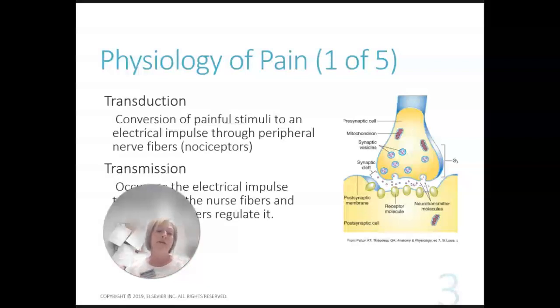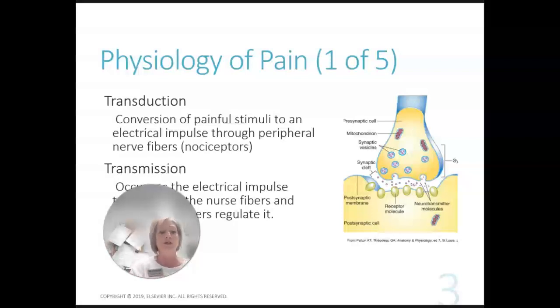Remember talking about the inflammatory response back in the last chapter? All of these neurotransmitters cause that inflammatory response. We're going to talk more about these in just a minute. So they use these neurotransmitters to travel that nerve impulse along the nerve fiber.